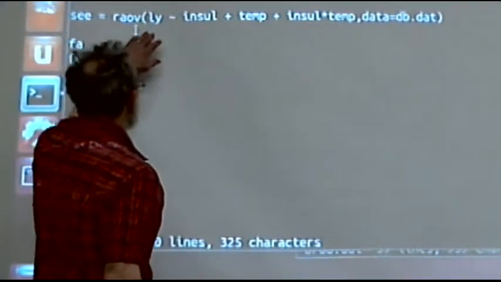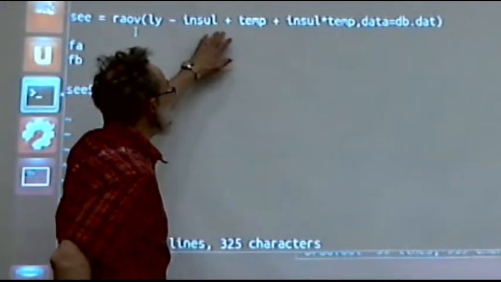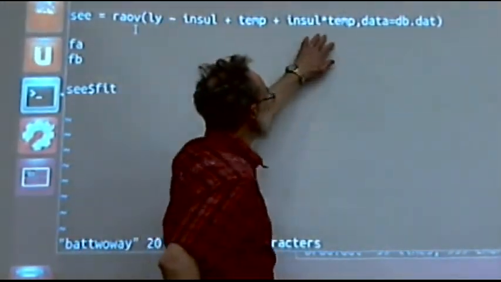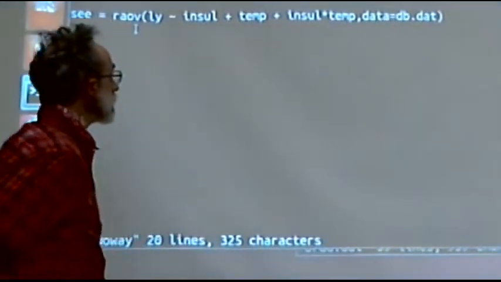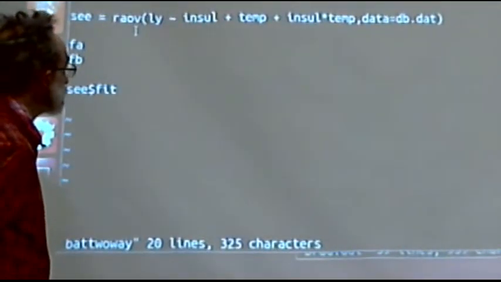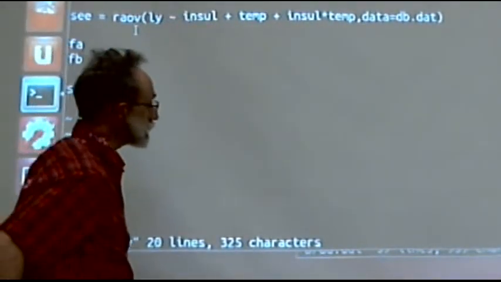In this case, this would be the response, and this would be the first factor, this would be the second factor, and then this would test the interaction. The only thing that's different is you have to put the data in the data argument. So let's look at the data.